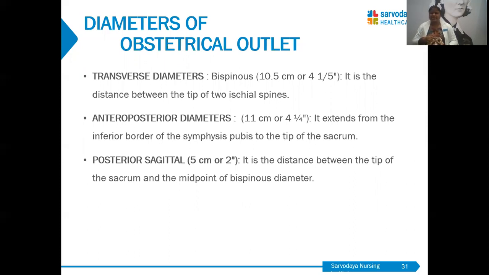Bispinous diameter is the distance between the tips of the two ischial spines, about 10.5 centimeters. Anterior posterior diameter extends from the inferior border of the symphysis pubis to the tip of the sacrum. Then posterior sagittal is the distance between the tip of the sacrum and the midpoint of the bispinous diameter.